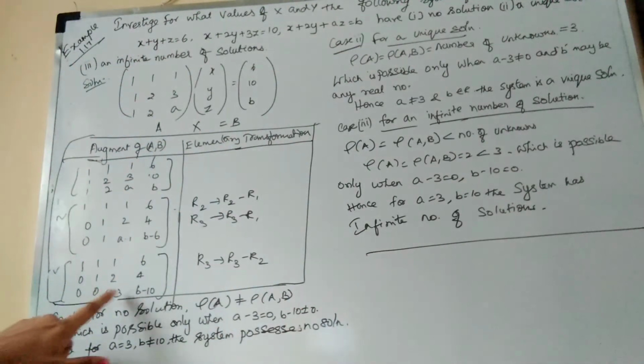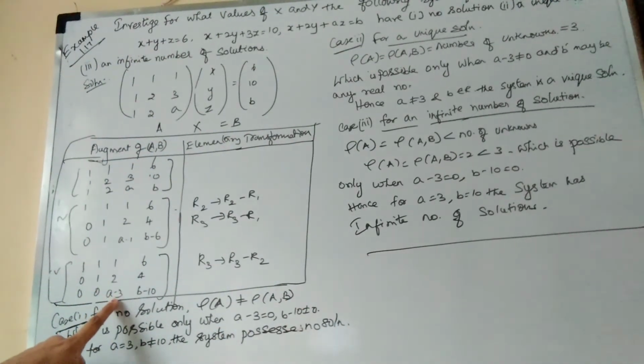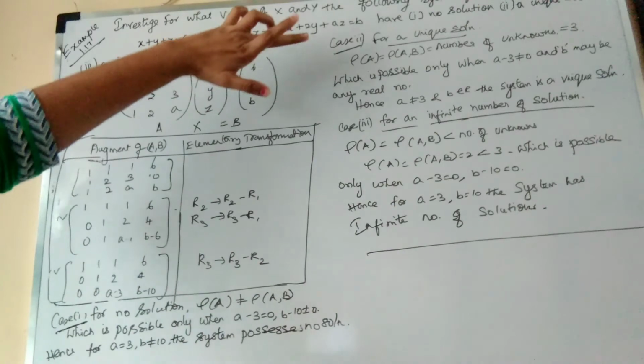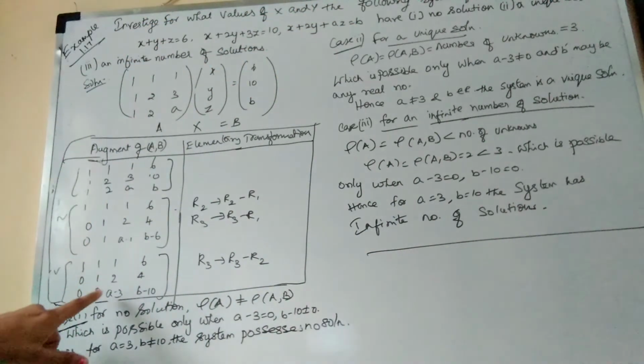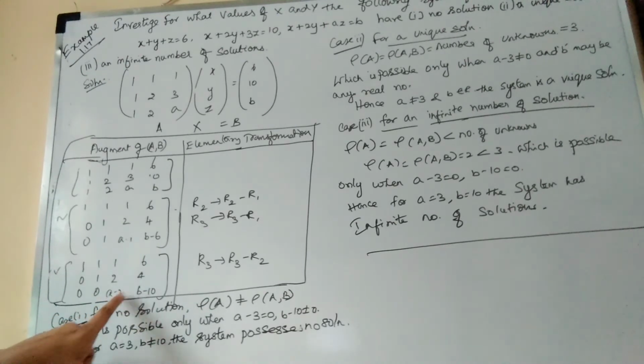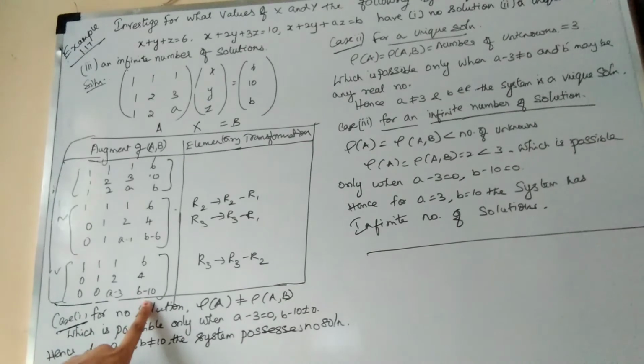In that case, a minus 3 should not be equal to 0, and similarly b can be any real number. That is the condition for a unique solution: a is not equal to 3, and b can be any real number.